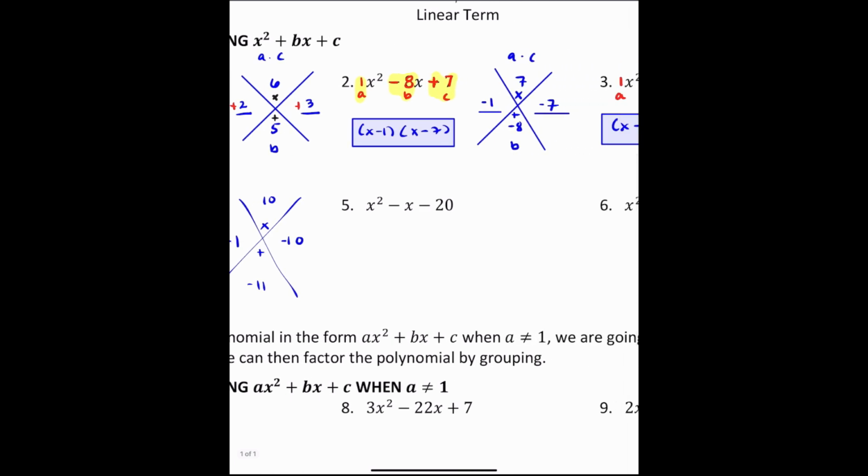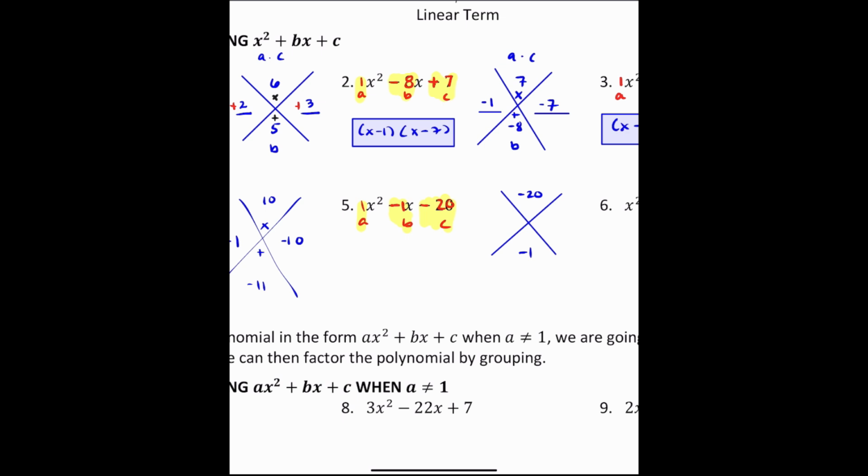Number 5, so our a is 1, our b is negative 1, and our c is negative 20. So a is 1, b is negative 1, and c is negative 20. So a times c is negative 20, and b is negative 1.